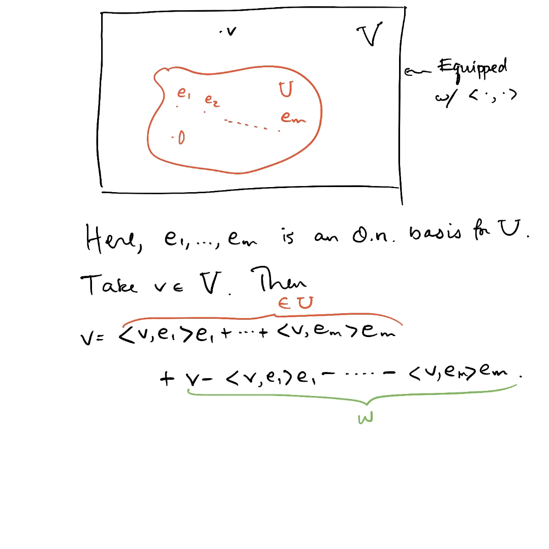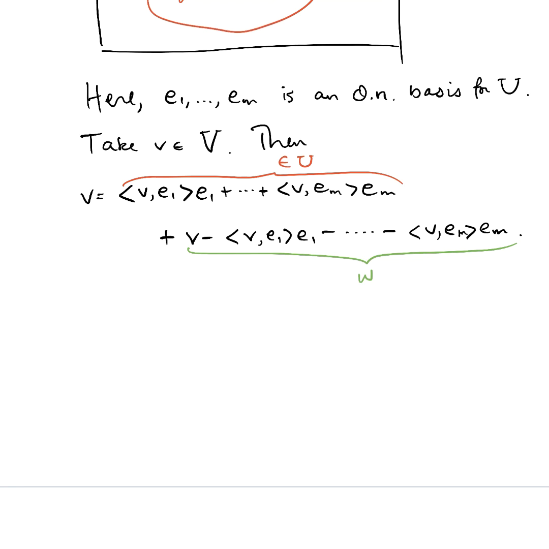So that's some vector. I don't know where it lives in the big box, but it's some vector. Just call it w for a minute. So that whole second chunk is called w. Now this w is interesting relative to the subspace U.